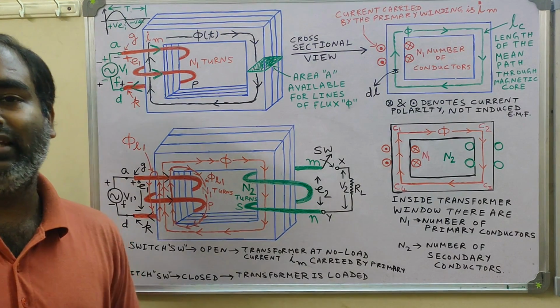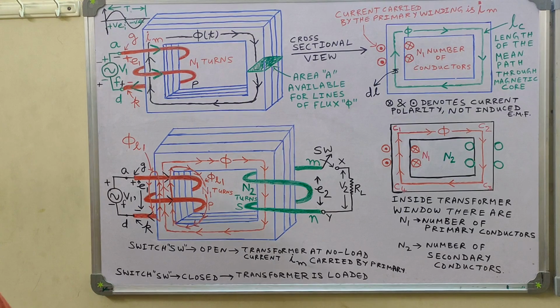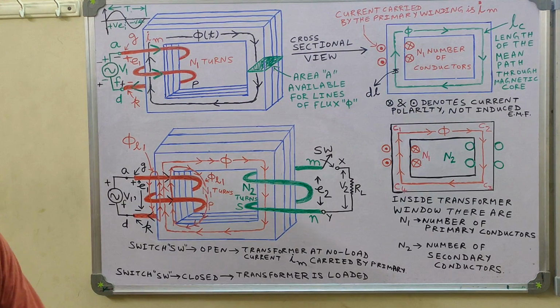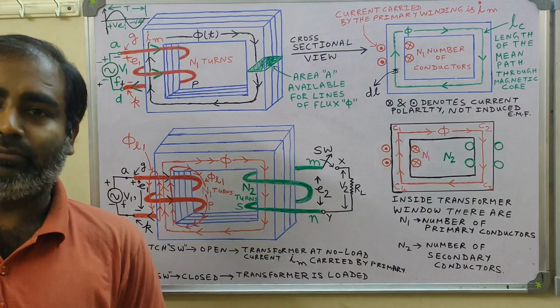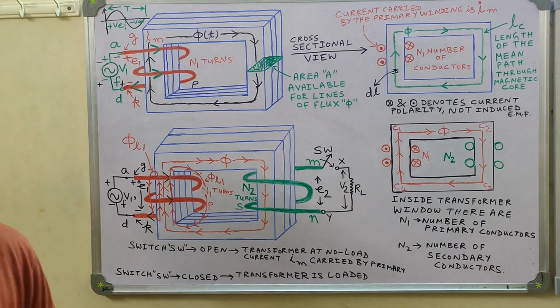The high voltage winding is characterized by more turns, and its area of cross section is much smaller, because the high voltage winding has to carry less current compared to the low voltage winding.